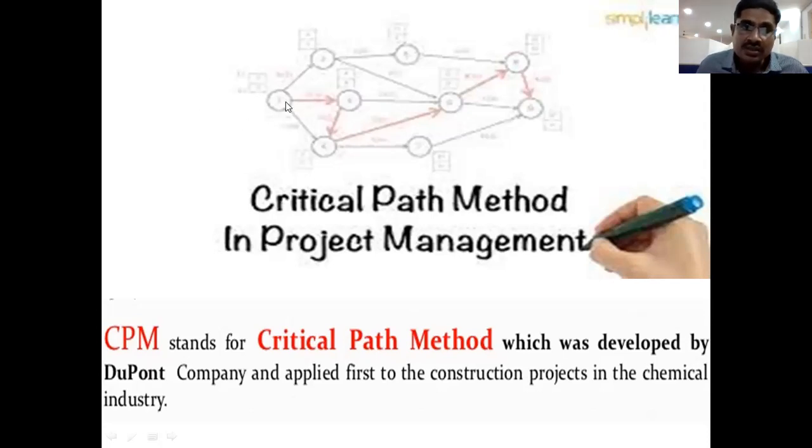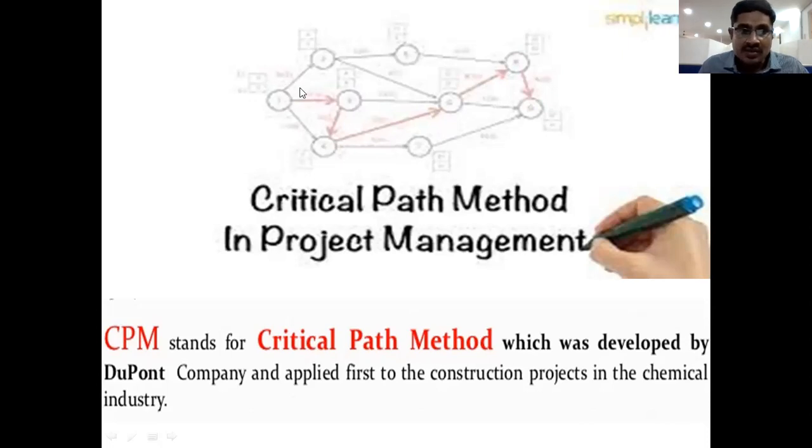So here, from the starting point to here, and second, this is the ending point. So first path, this is the second path, this is the third path, this is the fourth path, and this is the last path, fifth. These are the paths based upon the sequential operations.